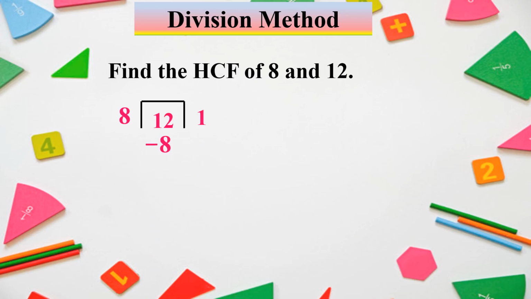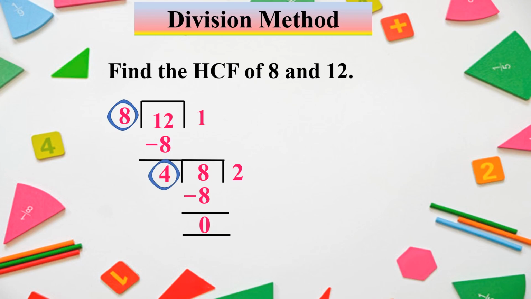Now we will subtract 8 from 12 and we will get 4 as the remainder. Now this remainder will become our divisor and previous divisor will become our next dividend. Now we will divide 4 and 8. 4 times 2 is 8 and 8 minus 8 is 0. So last divisor, which is 4, is the HCF of 8 and 12.